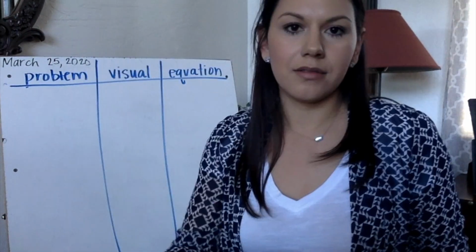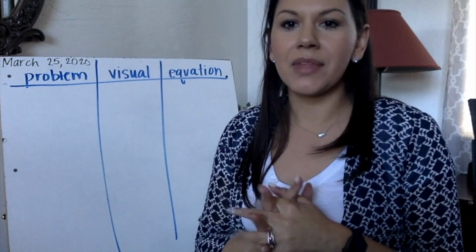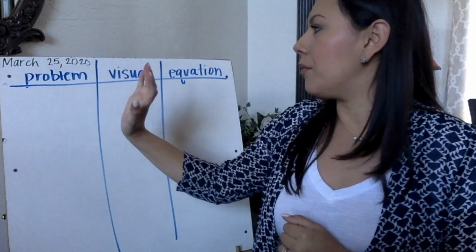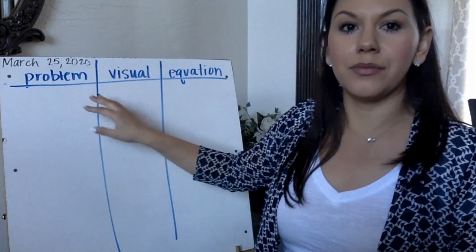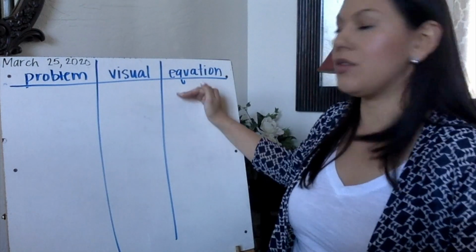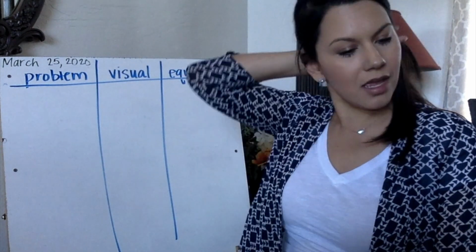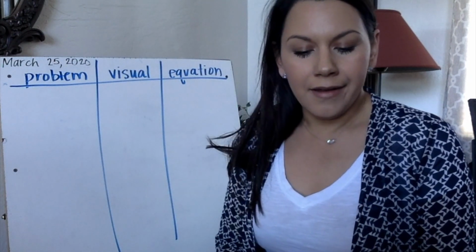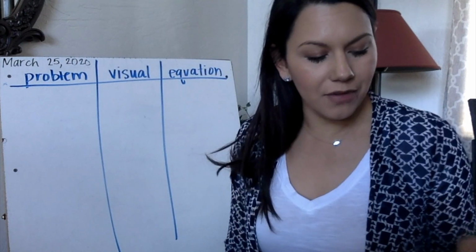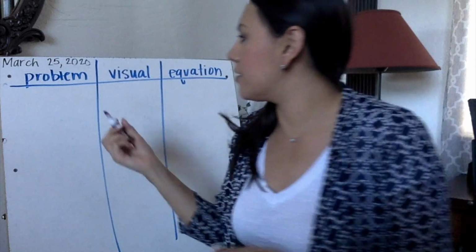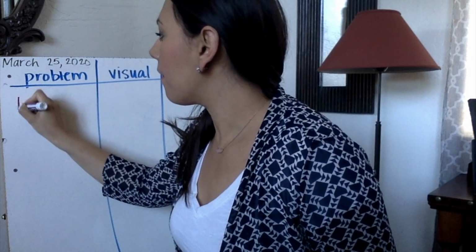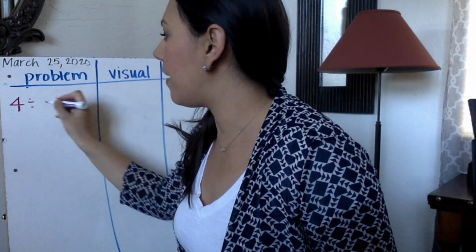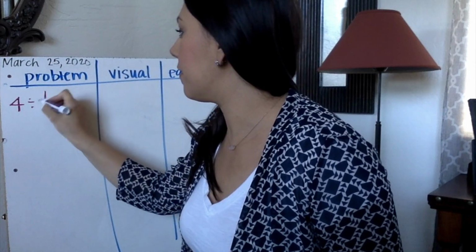Okay, so I made a little graph here. I'm going to write our problem. We're going to quickly do our visual, and then I'm going to show you how to do it in our equation, okay? That way you understand how it's working. Okay, so our first equation that we worked with was 4 divided by 1/5.